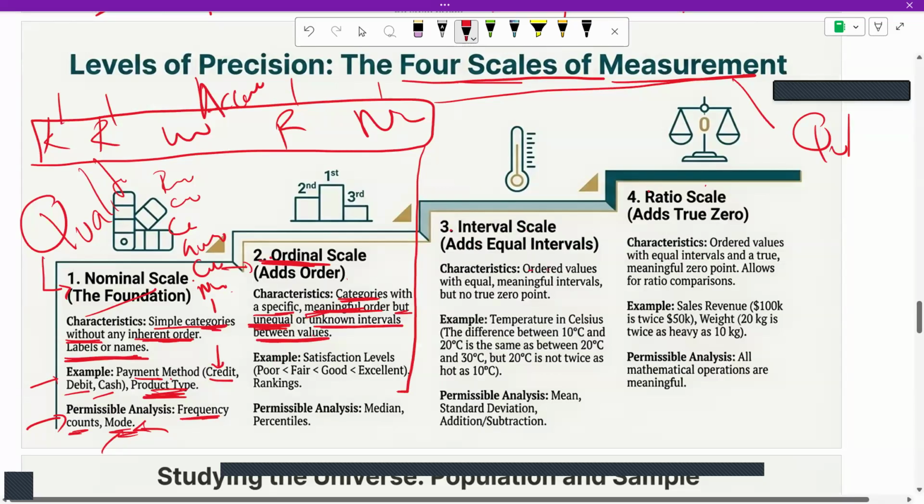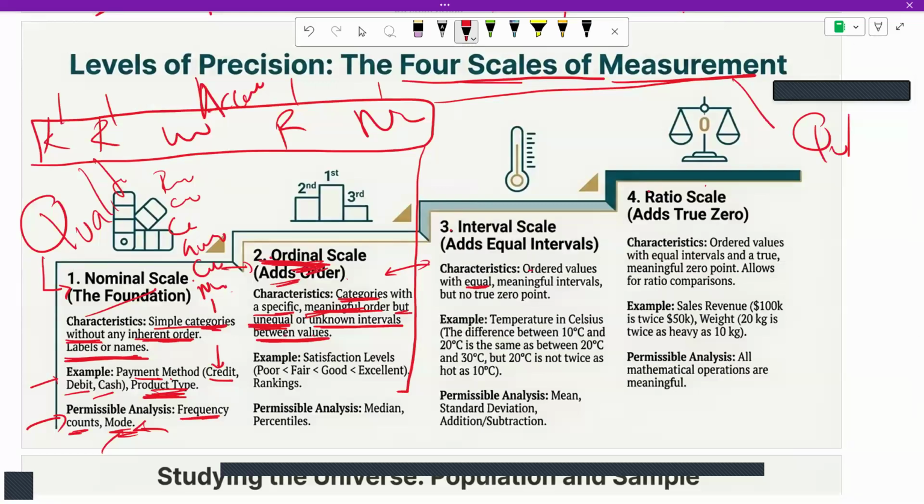When you look at the ordered values with equal intervals, here equal interval, also here equal interval. But here is the main difference. The ordinal scale has no equal gap between the levels.